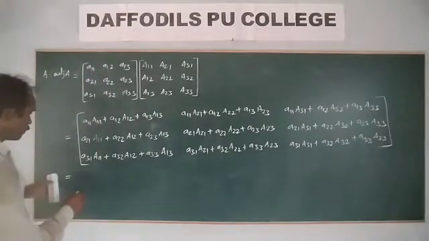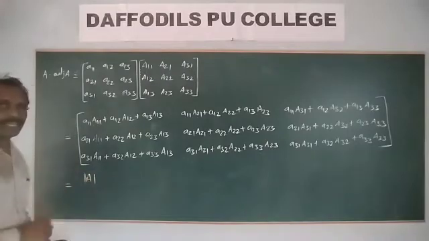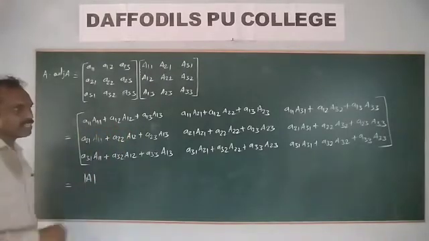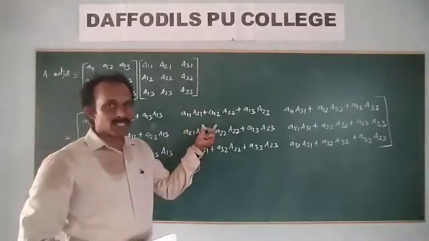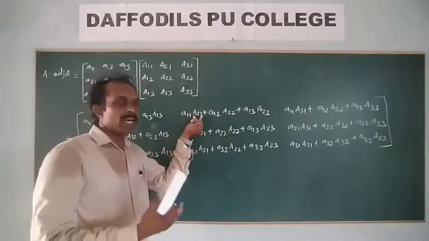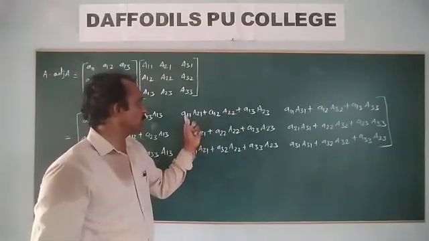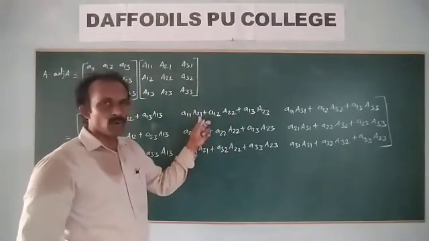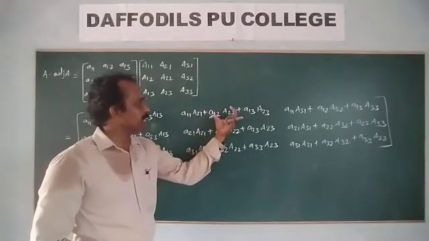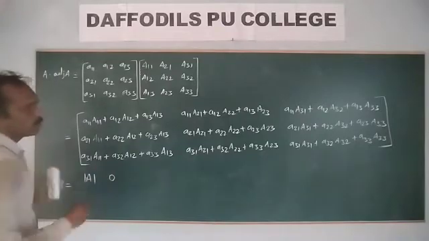What is the determinant? Symbolically it can be denoted det. Next, the sum of the products of the elements and cofactors of another row or another column is equal to 0. So A11 A21, different element to cofactor, multiply and add, this value is equal to 0.